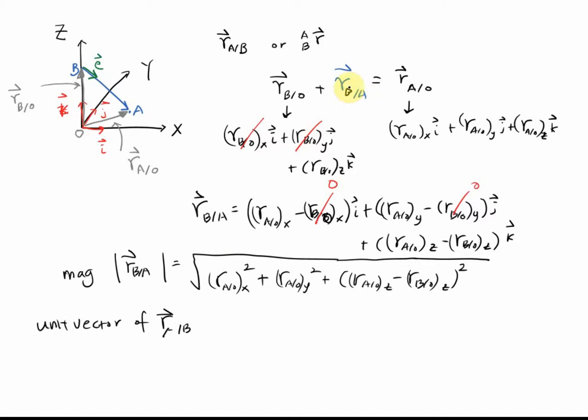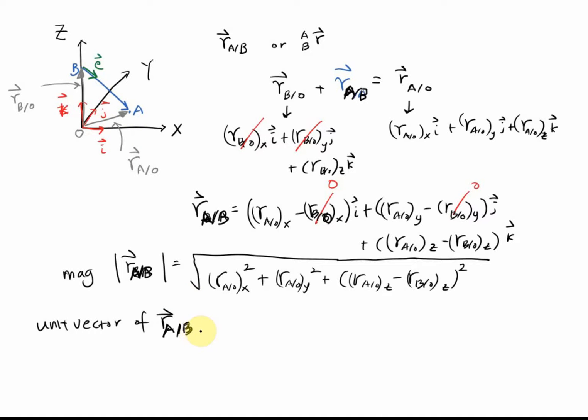This one should be A here and B here, okay? I'm sorry, this one should be A and this is B, because this force vector is heading to A from B. So I just switched it mistakenly. So this is unit vector RAB, and I want to get the unit vector of my RAB.